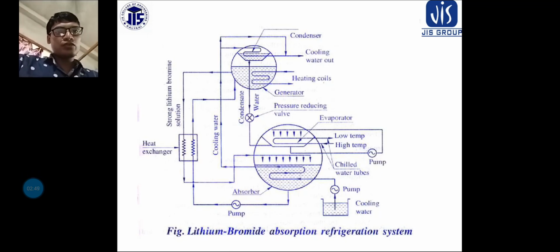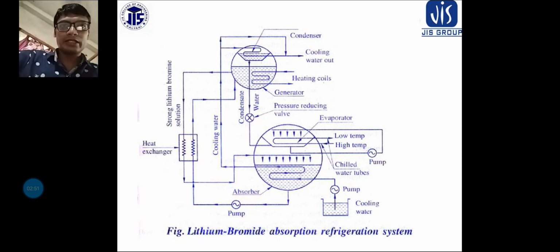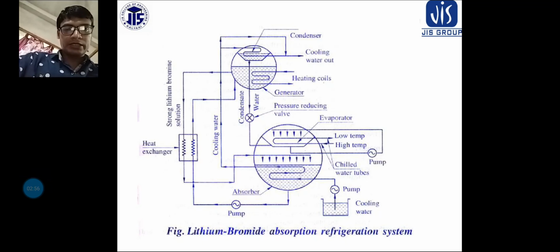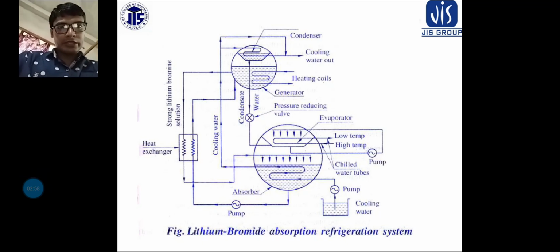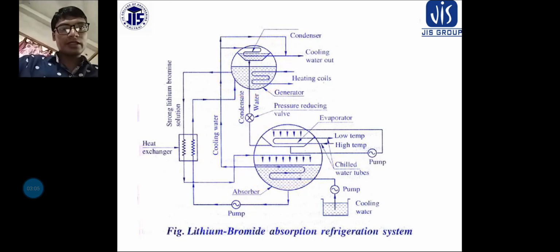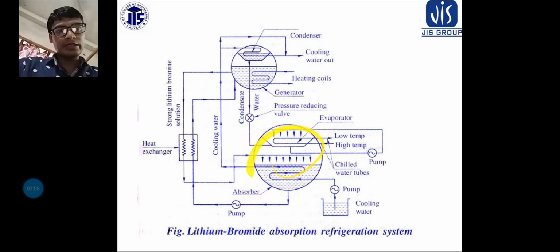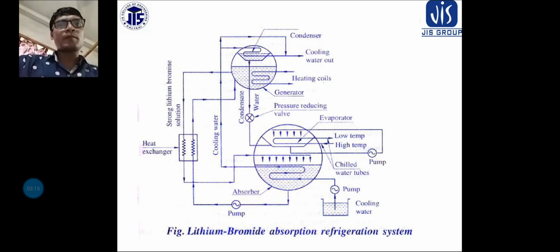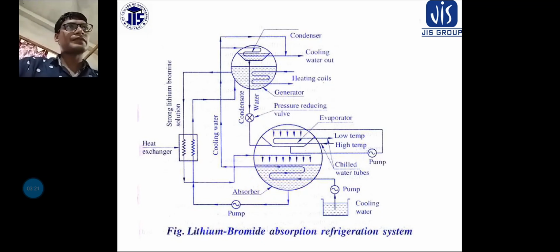You can see two shells at different pressure and temperature in this figure. In the first shell the absorber and evaporator are placed, and in the small shell the condenser and generator are placed.